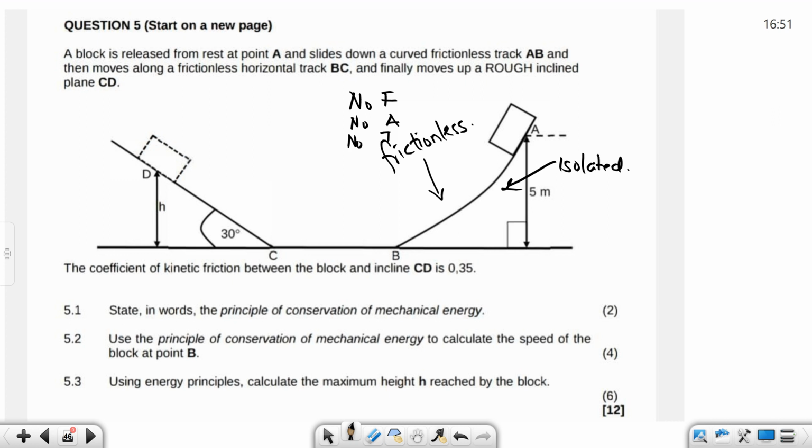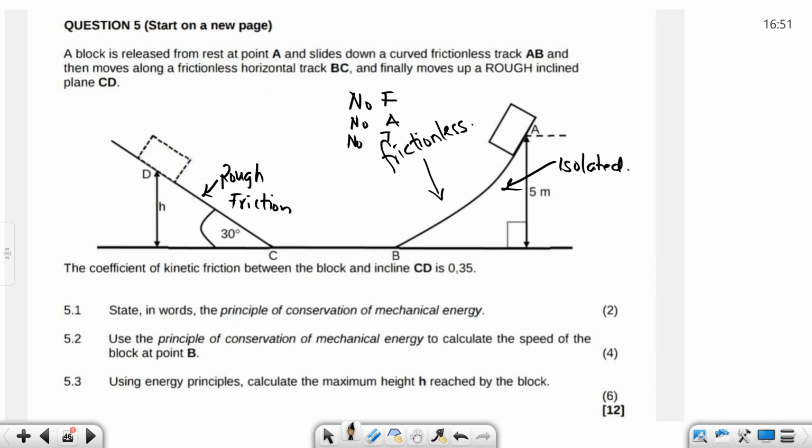We're not sure. Okay. Guys, quickly, we are seeing that there is no external force. So it is an isolated system. All right, it moves along a frictionless track, BC, and finally gets up a rough inclined CD. The word rough simply tells us there is what? Friction.